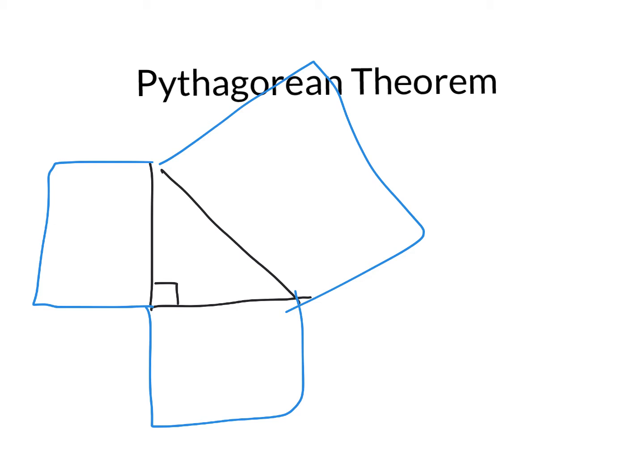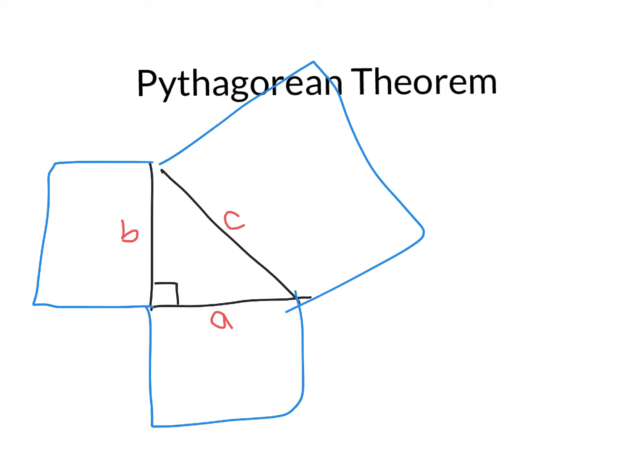And essentially, if we were to label the length of this line on the triangle as A, and the length of this line on the triangle as B, and the length of this line on the triangle as C, what we've done is we've made three squares that are essentially each side of the triangle multiplied by itself to find the area.